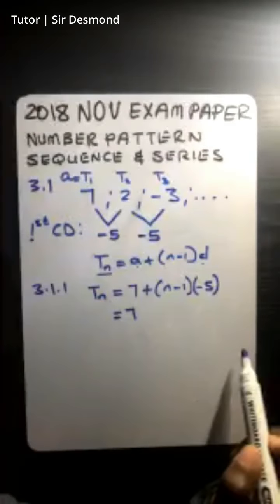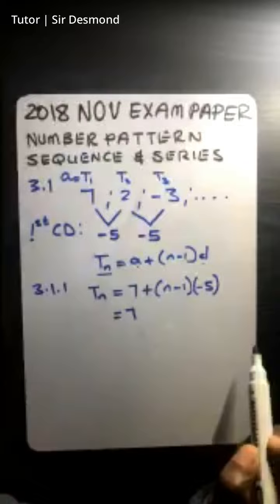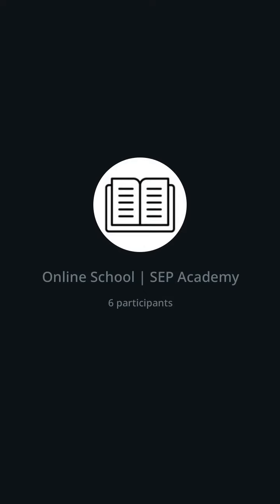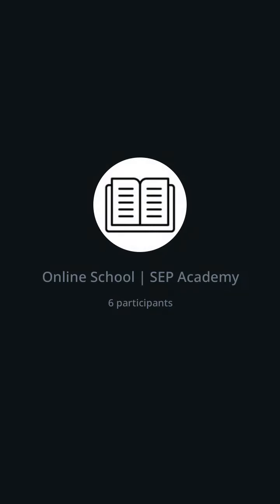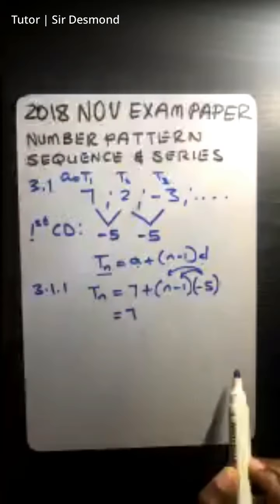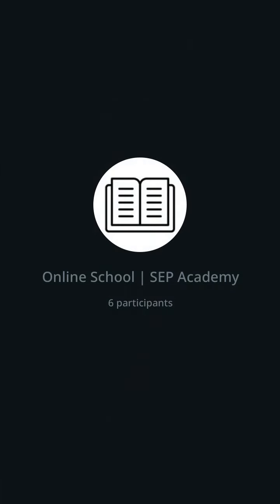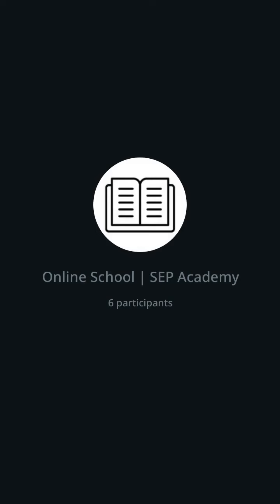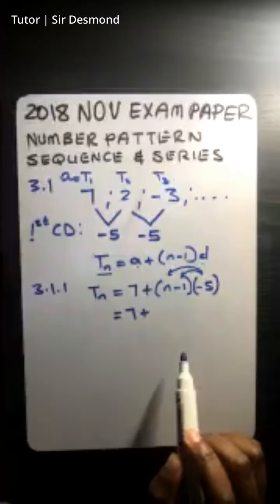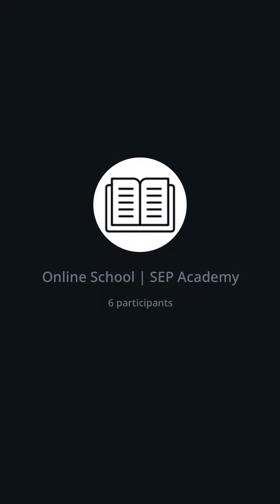you don't want to be seeing brackets in your equation or expression. So that means you always need to remove your brackets, and this is the only way in which you can remove them. So you have -5 multiplying n over there. So this plus is that plus.